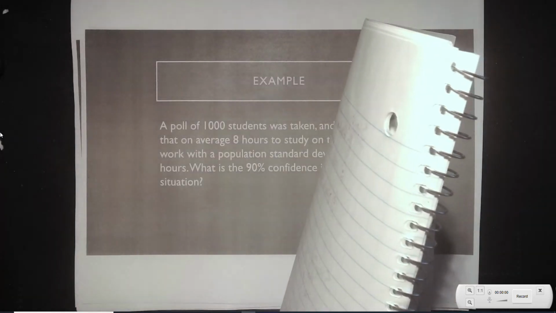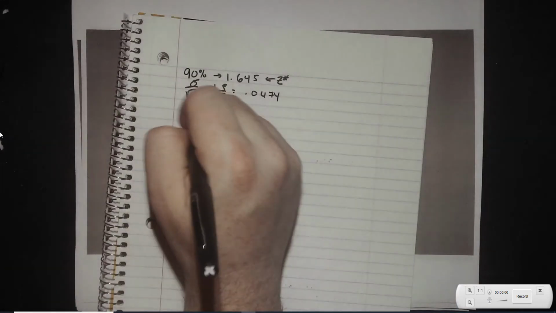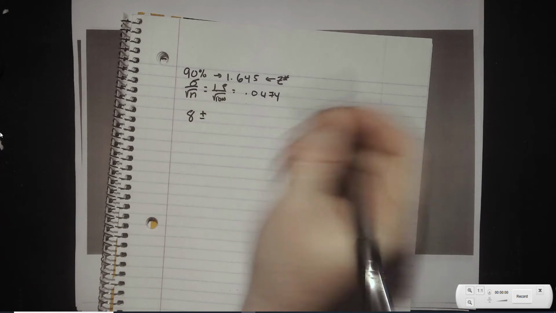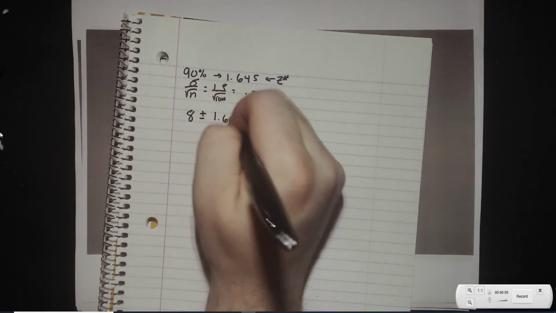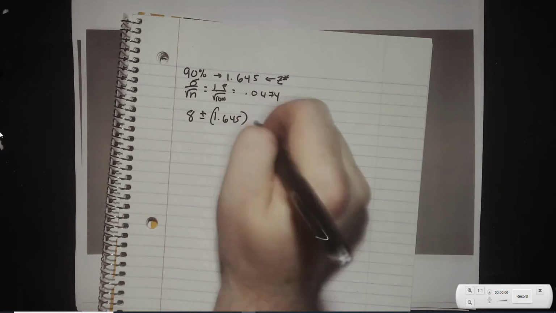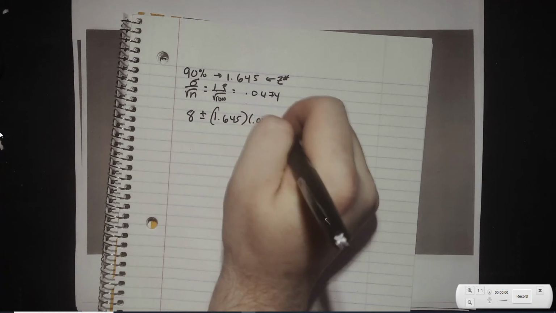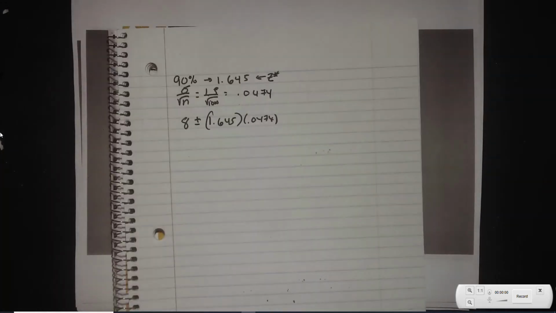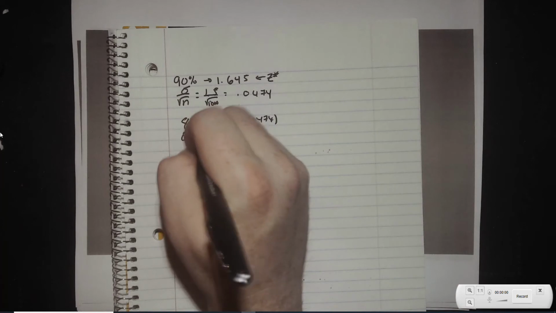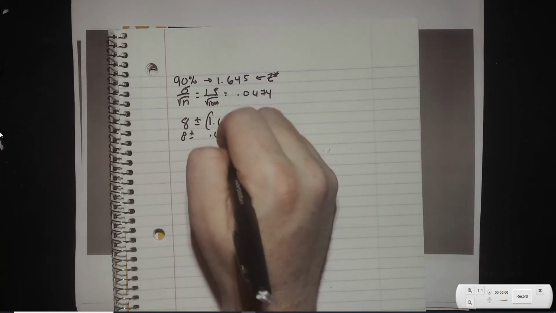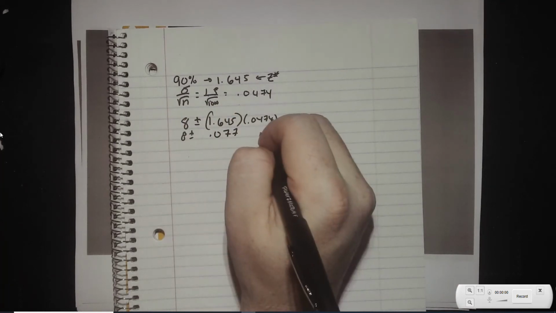Okay, and then just like any confidence interval, I'm going to do 8, which is my average, plus or minus 1.645 times 0.0474. So 1.645 times 0.0474 gives me 0.077. Well, that 9 kind of pushes it up.